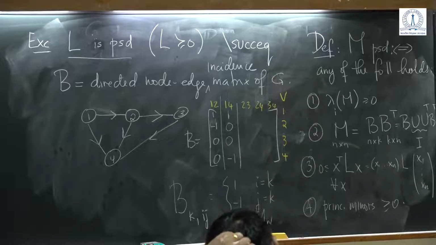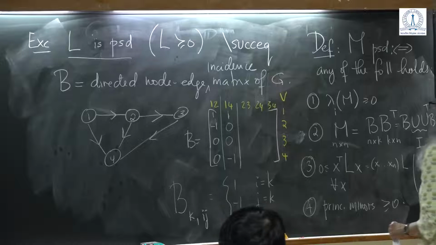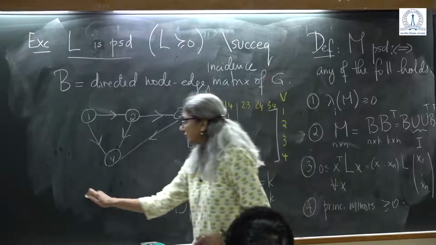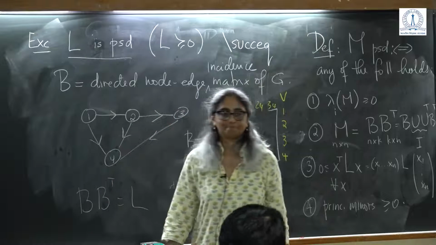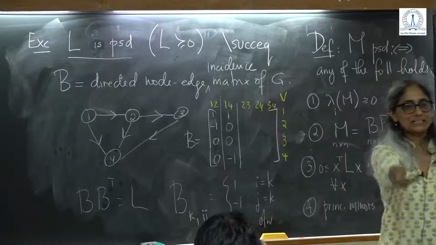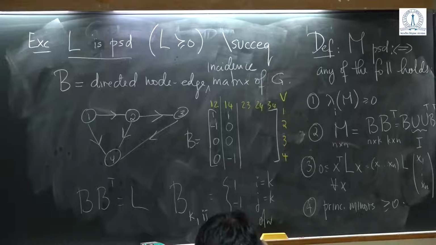All right, so can you check on this example that if you do BB transpose, you get the Laplacian? Please check, just on this example. You have to finish the matrix first.